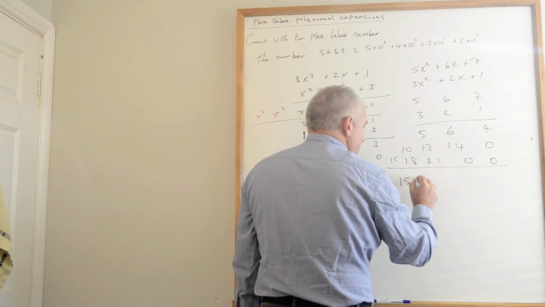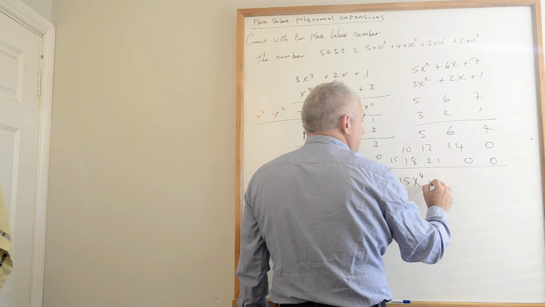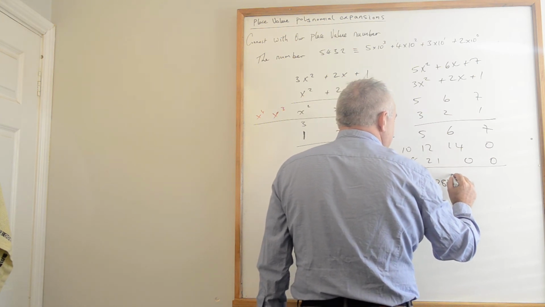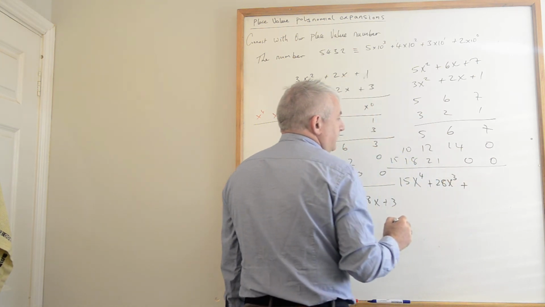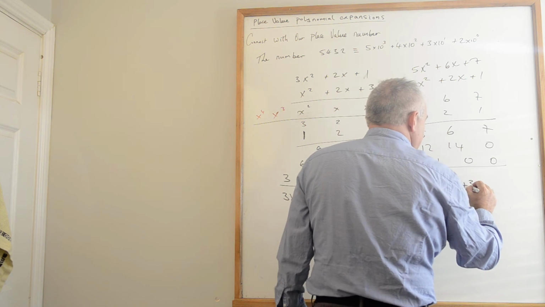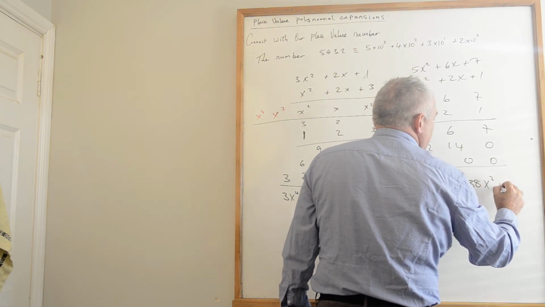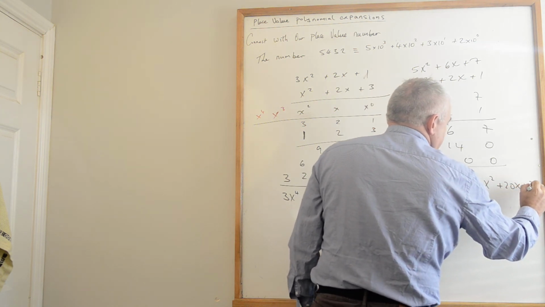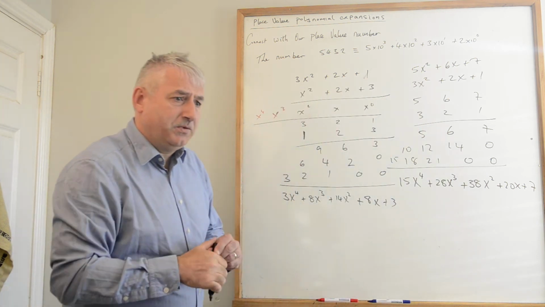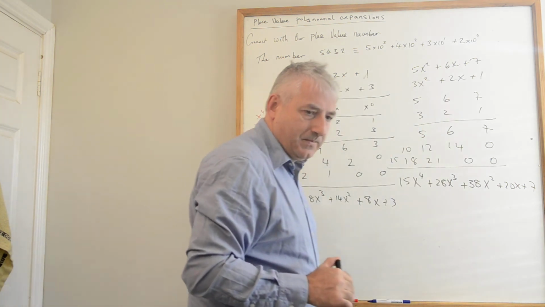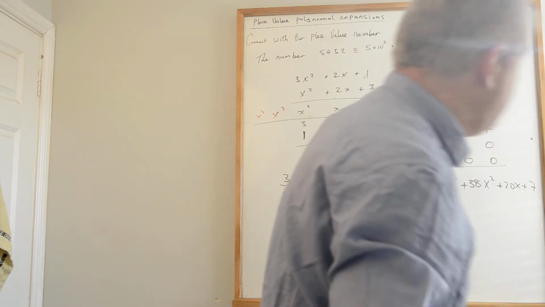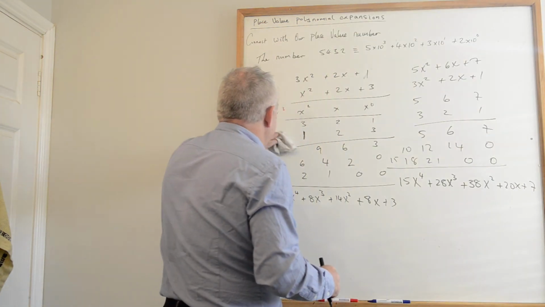Okay, so we're going to get 15x to the 4 plus 28x to the 3 plus 38x squared plus 20x plus 7. Okay, now that might be part of a question in section A into the insert, albeit quite an easy one.